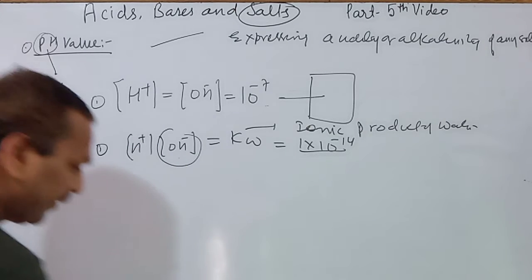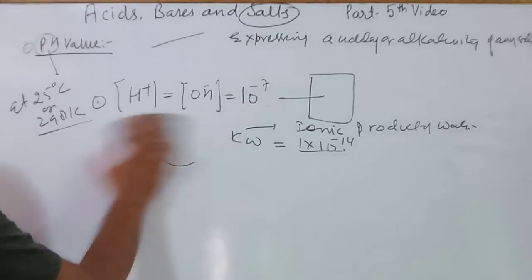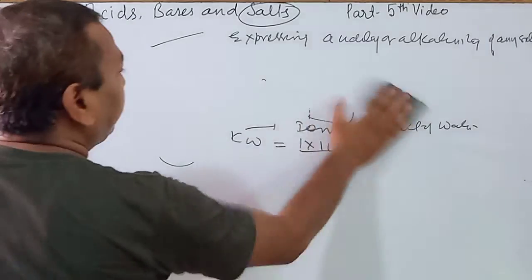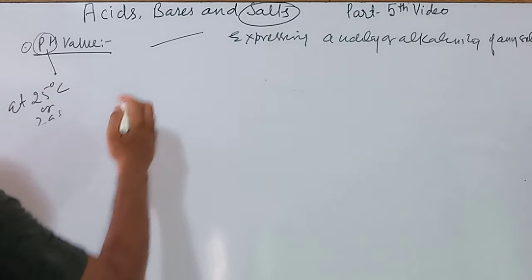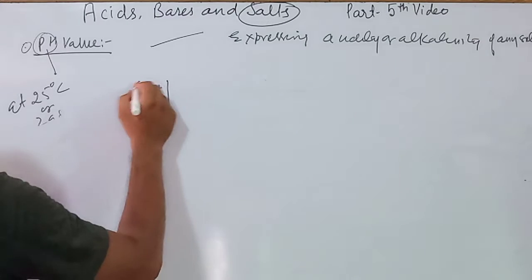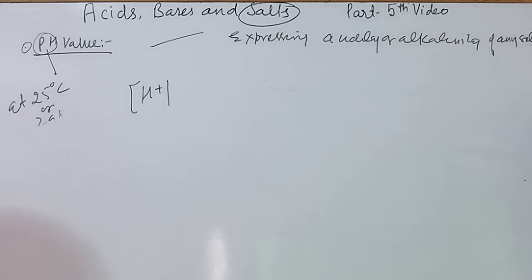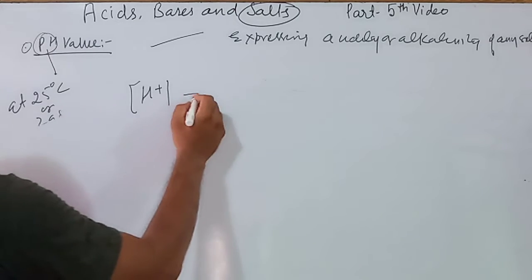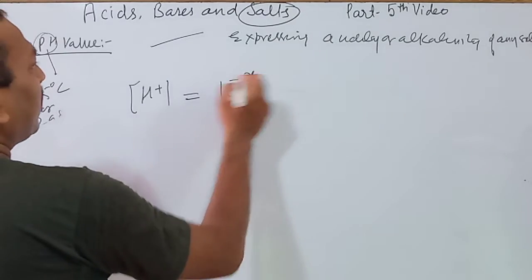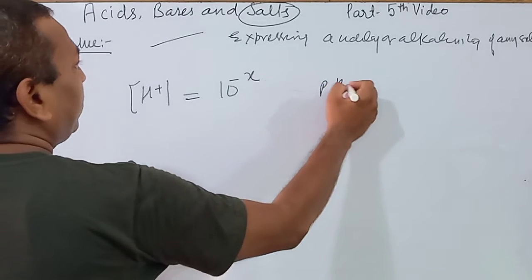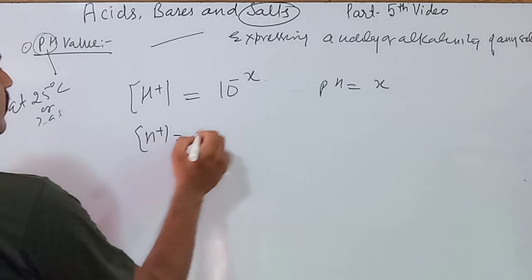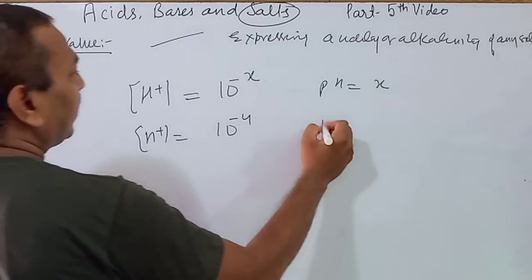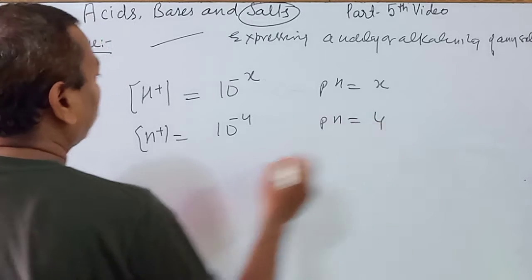Now the next case is the nature of the solution. First case: if the hydrogen ion concentration is equal to 10 to the power minus x, then pH will be x. If the hydrogen ion concentration is 10 to the power minus 4, pH is 4.